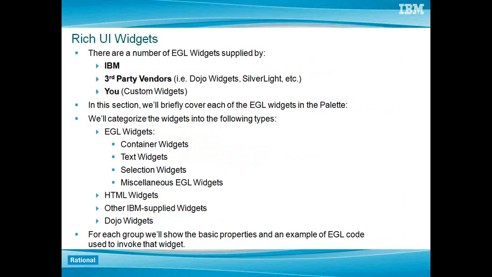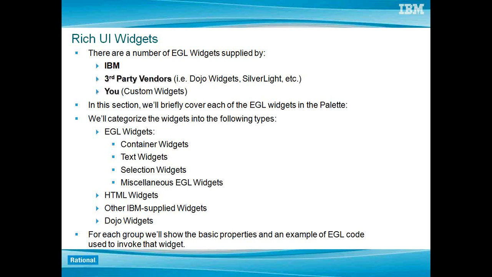Now inside of HUI widgets, we have three different categories, or three types of widgets that are supplied by different vendors. One is IBM HUI widgets that are native to HUI, and we have third-party vendors like Dojo widgets.